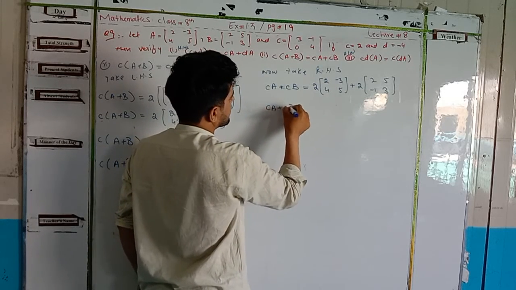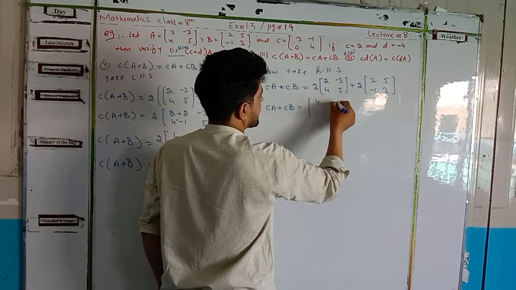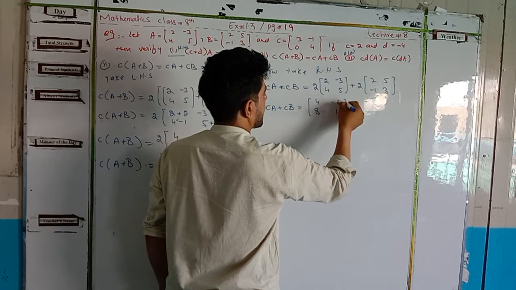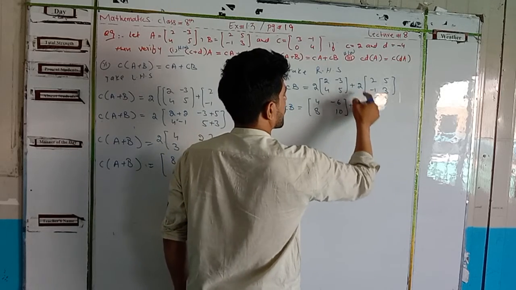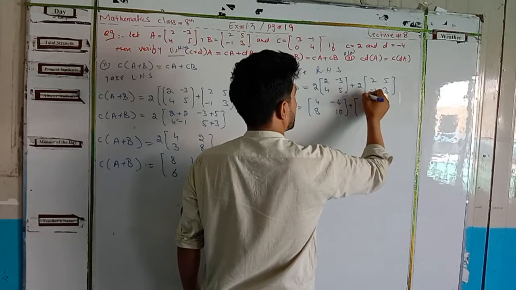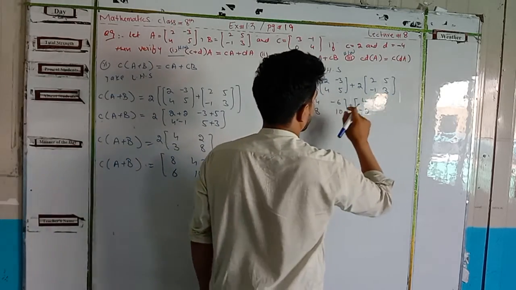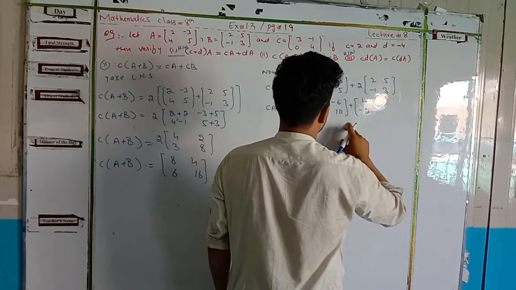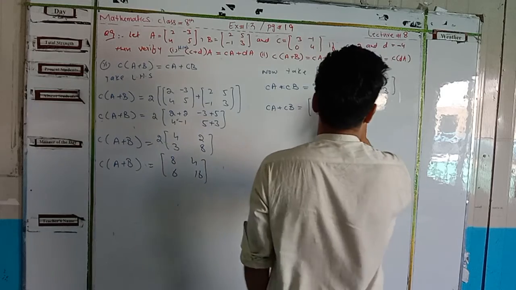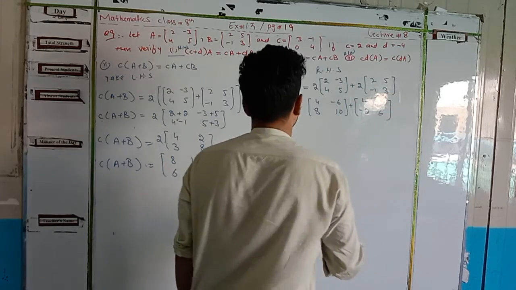CA plus CB: 2 2s are 4, minus 6, 2 4s are 8, 2 5s are 10, plus 2 2s are 4, 2 5s are 10, minus 2, 2 3s are 6.